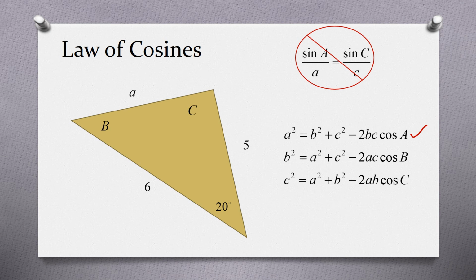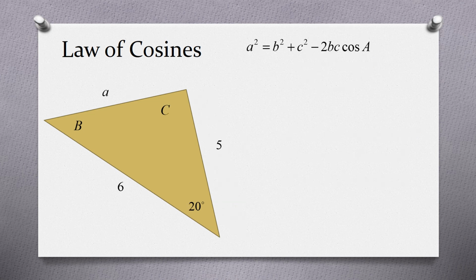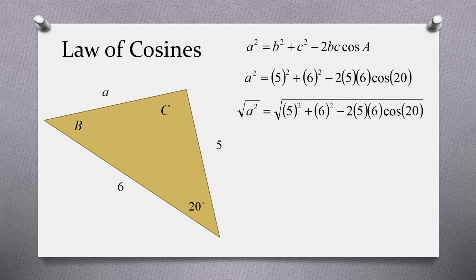Here I can work with B and C and solve for A. So I'm going to use A squared equals B squared plus C squared minus 2BC times the cosine of A. I substitute those values into the formula and solve. Don't forget, you take the square root of both sides to get A by itself, and then you discover that A is approximately, again I rounded this, 6.04 units in measure. Remember, you use the law of cosines if you have no matching corresponding relationships between your sides and angles.